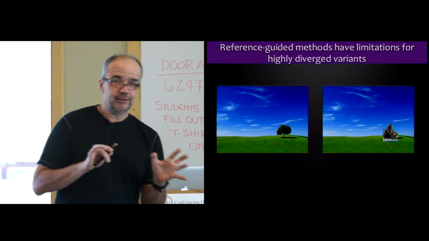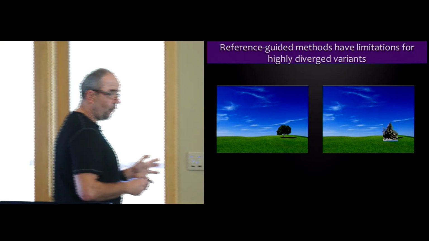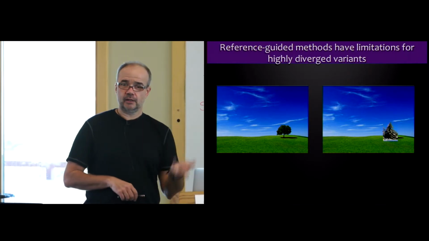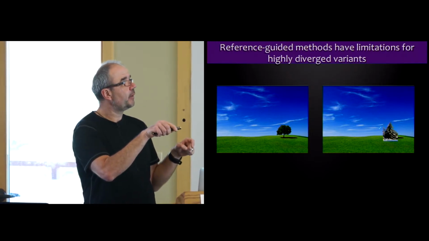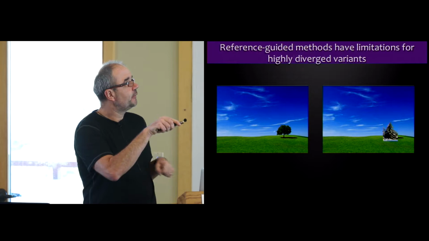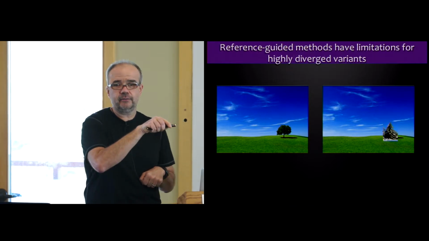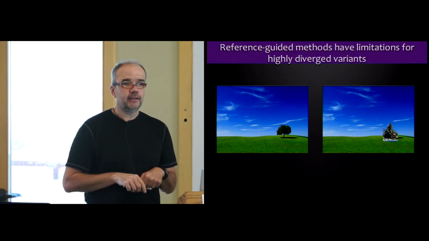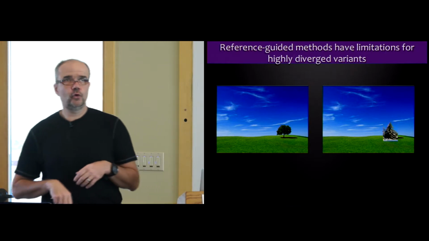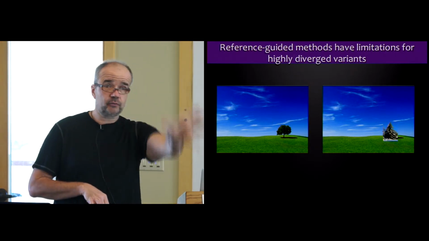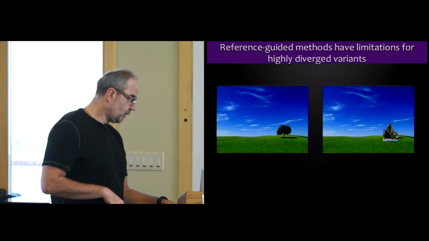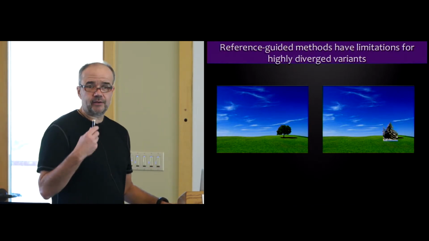Okay? So one idea is that if you know that some individuals, instead of this tree, have that tree on the meadow, in other words, if you know that some individuals will have a particular sequence and other individuals will have another sequence, you can augment the reference sequence.